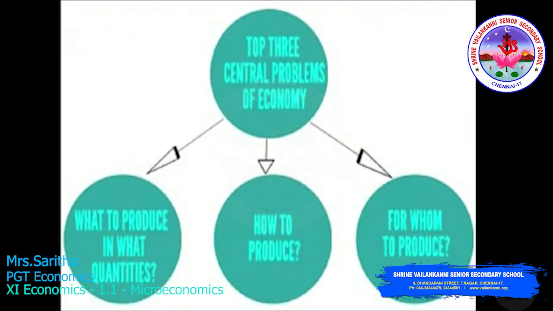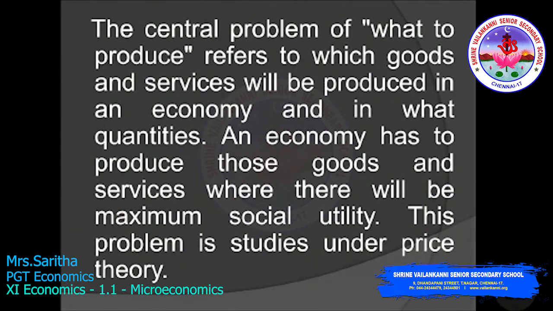Three central problems of an economy: what to produce, in what quantity, how to produce, for whom to produce. The first problem, what to produce and in what quantity. This problem involves selection of goods and services to be produced and the quantity to be produced of each selected commodity.